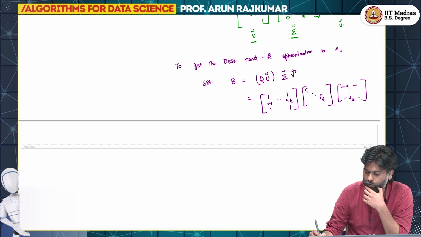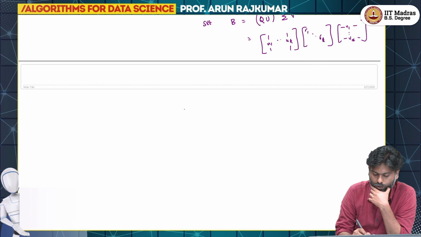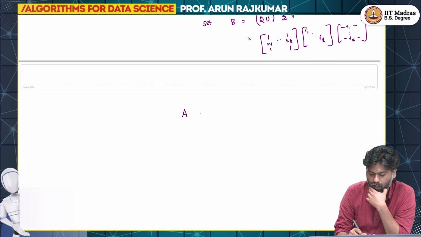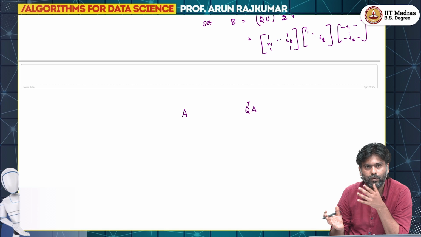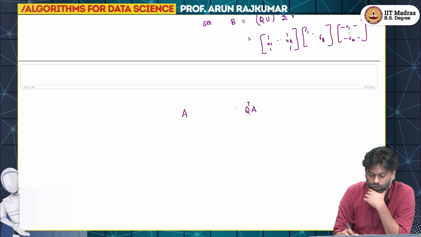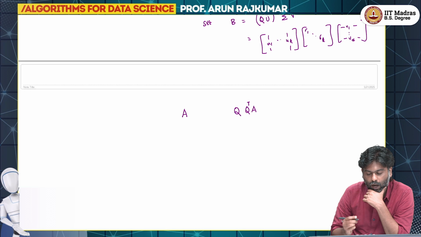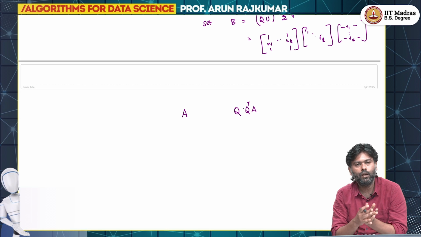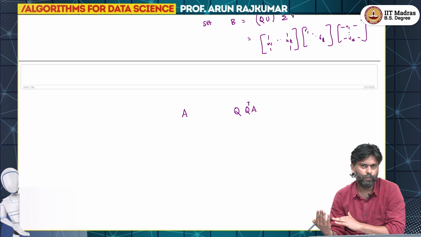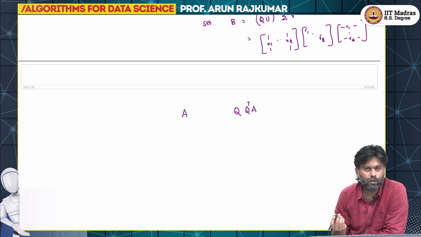The other way to look at this is that you had A, and from A we did not work with the SVD of A. Instead, we said that we will first do Q transpose A, and then we got the SVD of that, and then we pre-multiplied it by Q. So, essentially we have done Q times Q transpose A. That is the matrix that we have obtained.